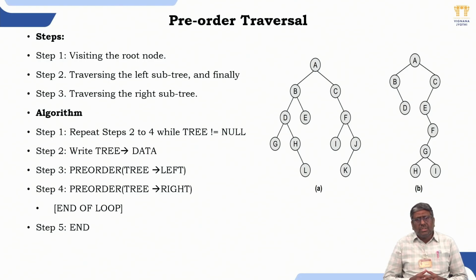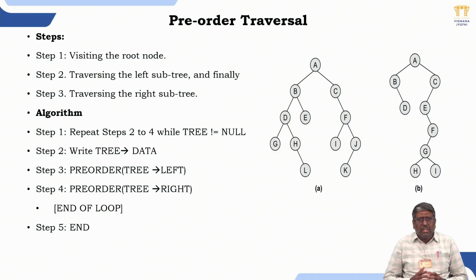Then after that we visit the right children. If the right child contains left children, then we have to visit those children until there are no more left children. In that way we can visit all the nodes in the given tree. This type of traversal is called pre-order traversal.